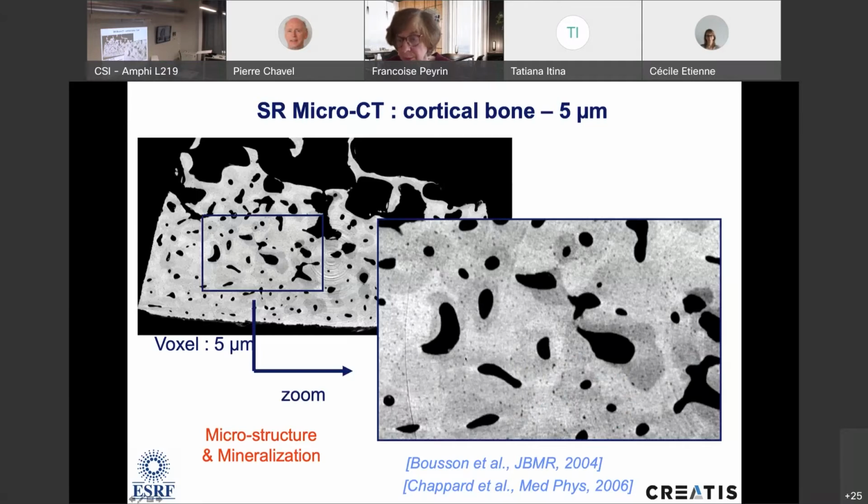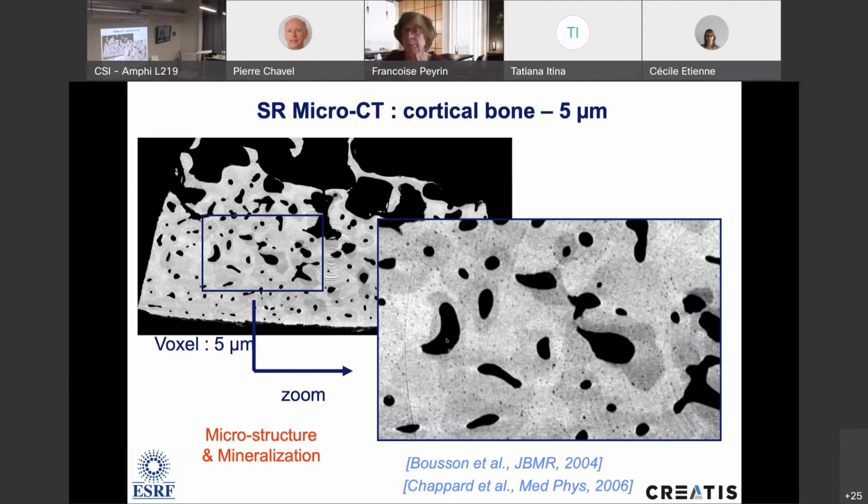So this was imaging of cortical bone that was performed some time ago. And if you look closely in this cortical bone, you can see these little dots. And these little dots are not artifacts. They are osteocyte lacunae.